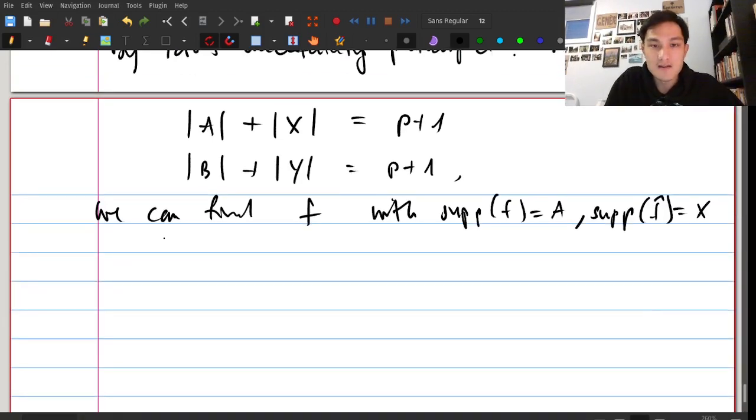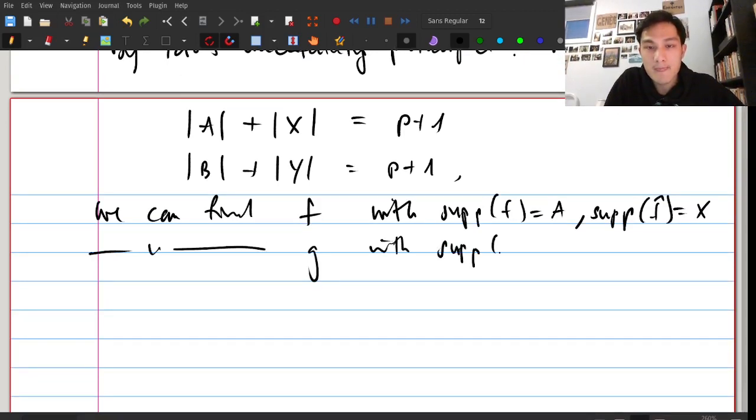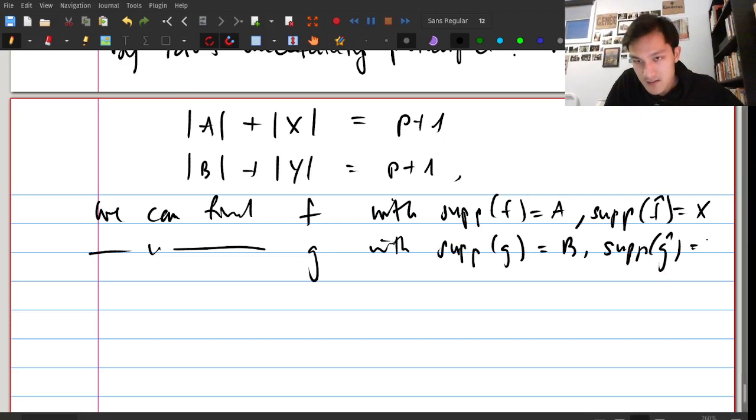And likewise, we can find g with support of g equals b, and the support of g hat equals y.